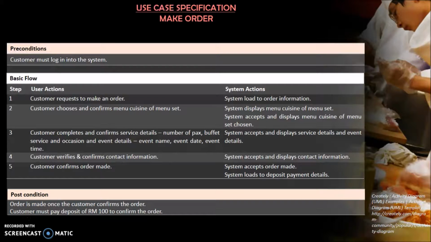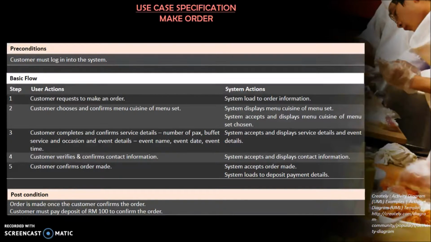The next step, the customer completes and confirms service details by providing the number of bags, buffet service, and occasion. For event details, they will provide event name, event date, and event time. The system will accept and display service details and event details.